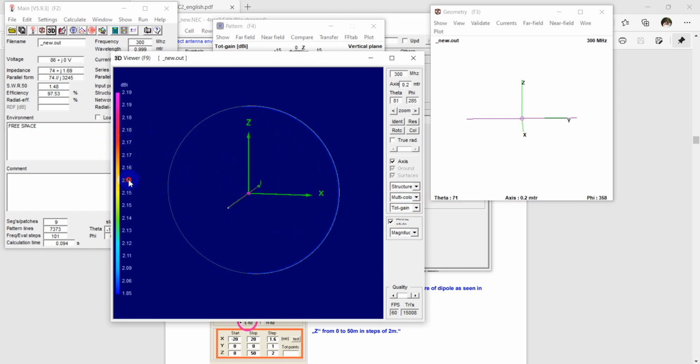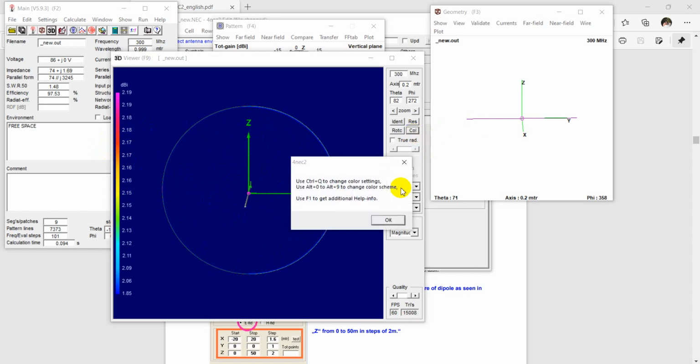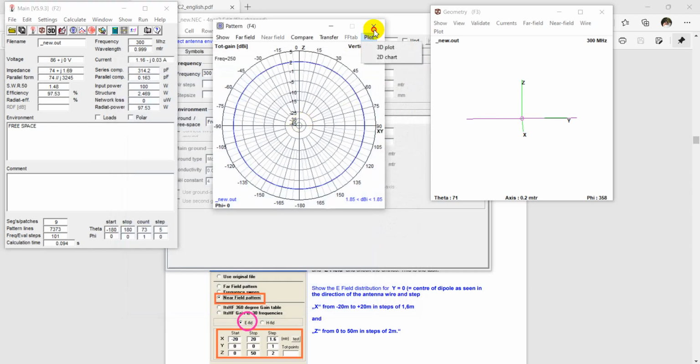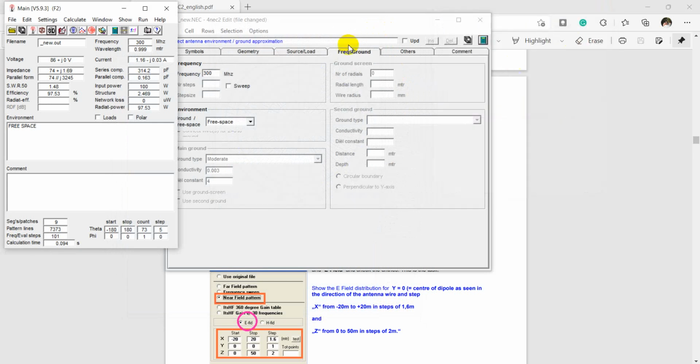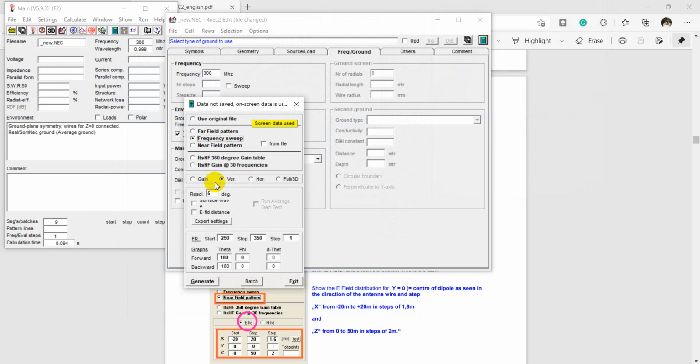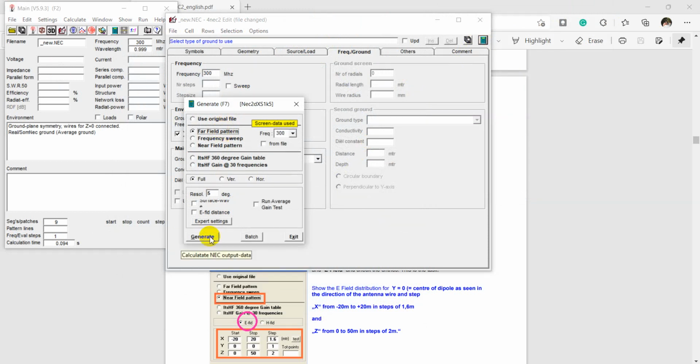So at the time of designing, you have to understand the value and the parameters of the radiation. While designing in this software, we can change the parameters and see what happens in the other field outputs.